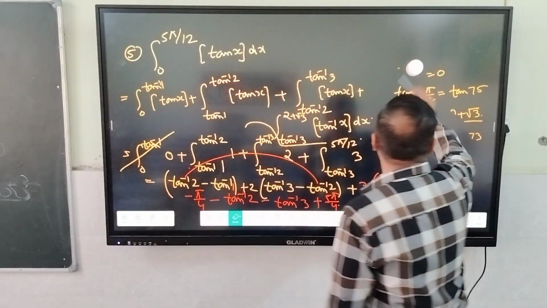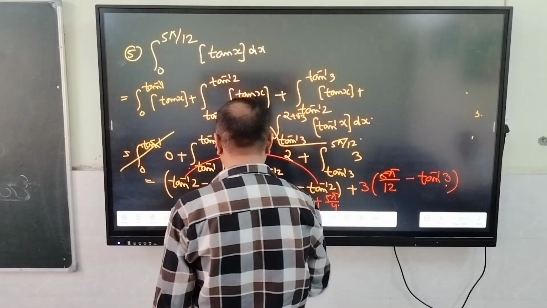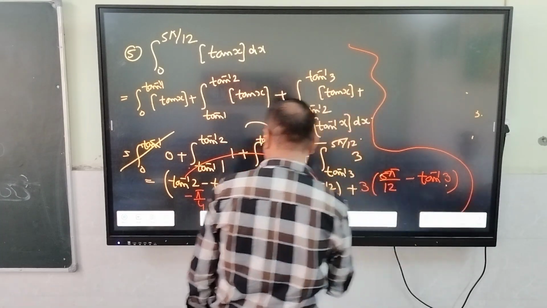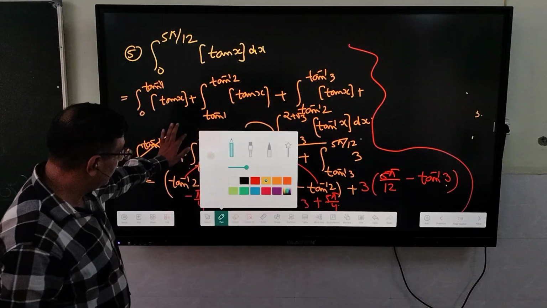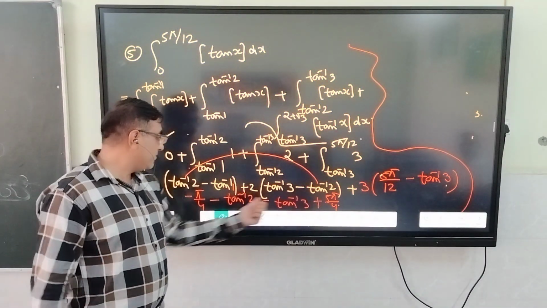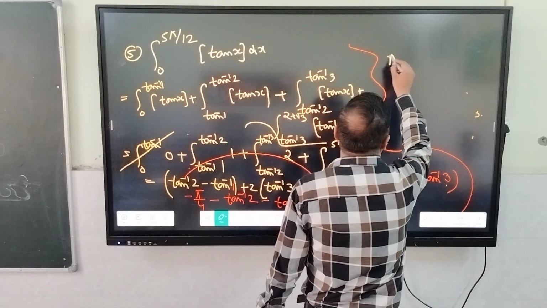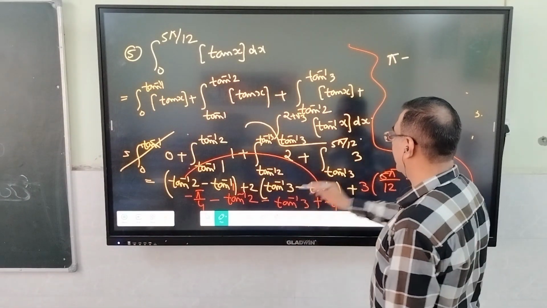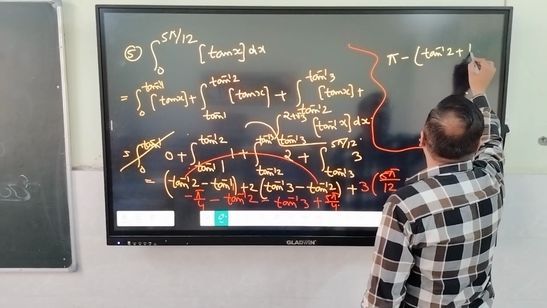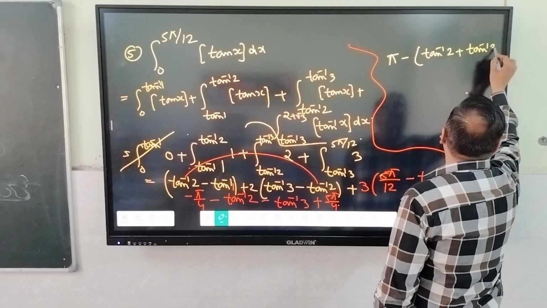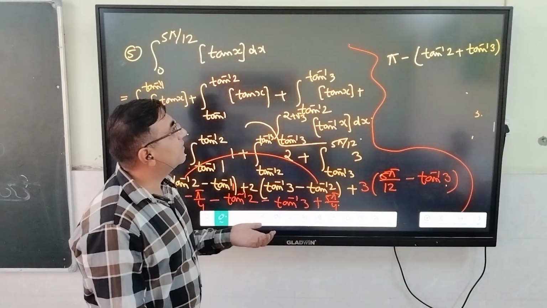I am removing this. 5 pi by 4 and minus pi by 4 will become pi, and now we will take common tan inverse 2 plus tan inverse 3. Now we will apply the tan inverse x plus tan inverse y formula.